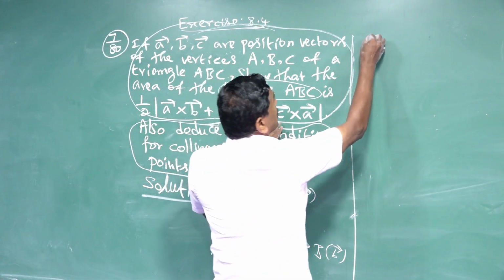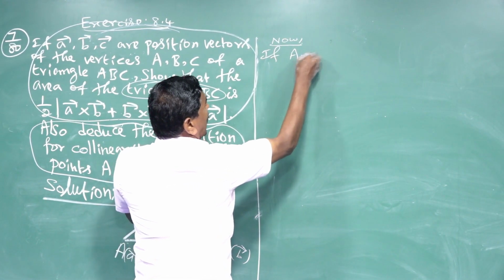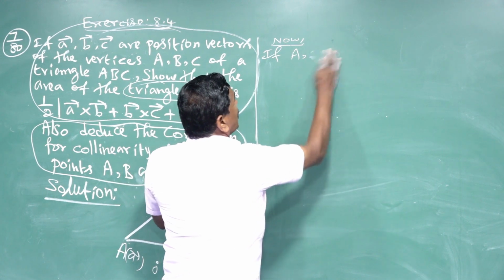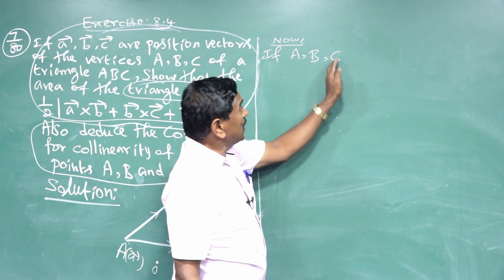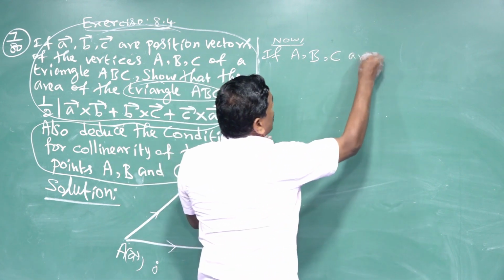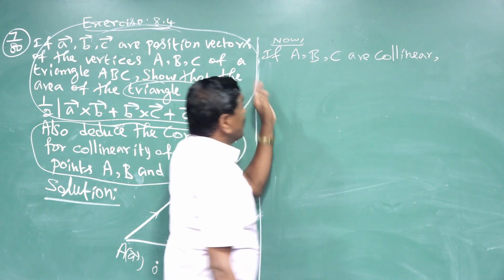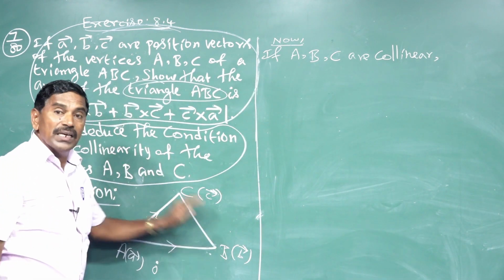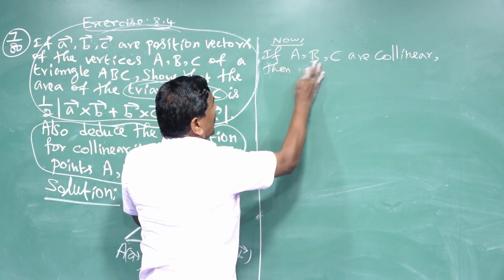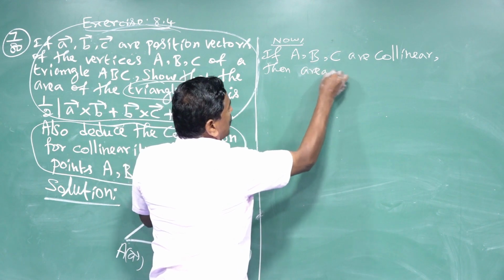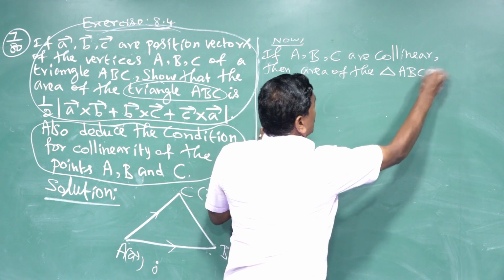Listen, now if A, B, C are collinear, then area of the triangle ABC equal to 0.